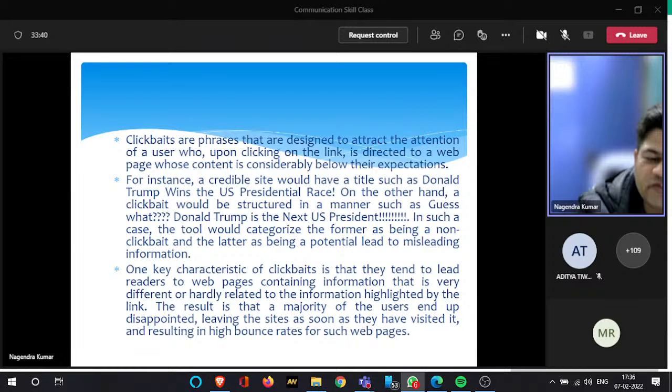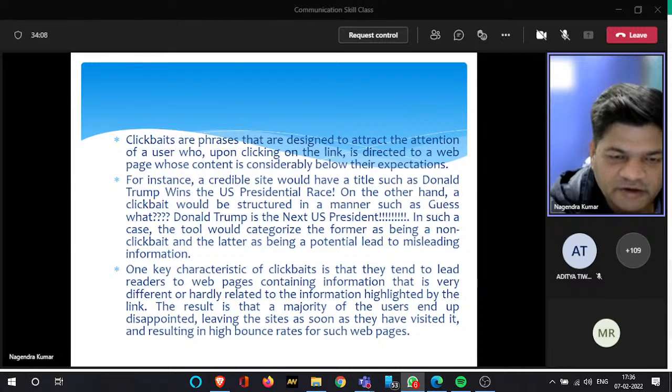Now this bounce rate will also be another indicator for the technology. If the bounce rate of a particular web page is very high, the tool for identifying fake news will take it as an indicator and will ban such sites.